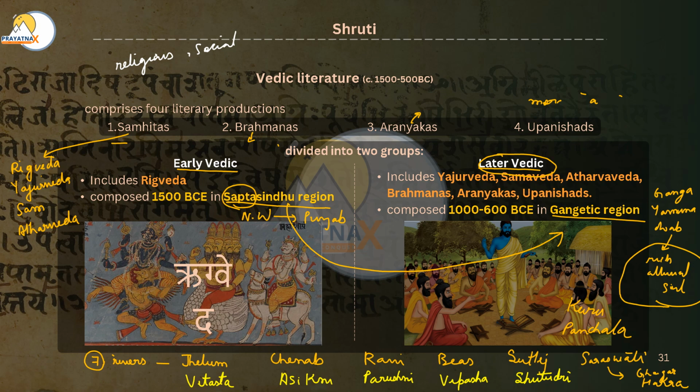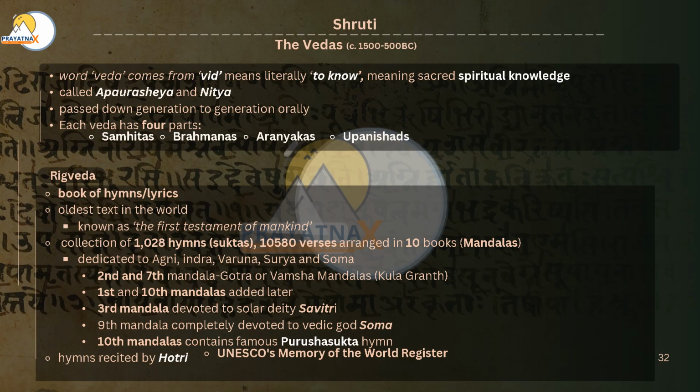Now moving on, if you look at the term Veda itself, it basically is said to be passed on from one generation to the other through verbal transmission. Now this is why, since it is transmitted orally, this is why it is known as Shruti. It belongs to Shruti.